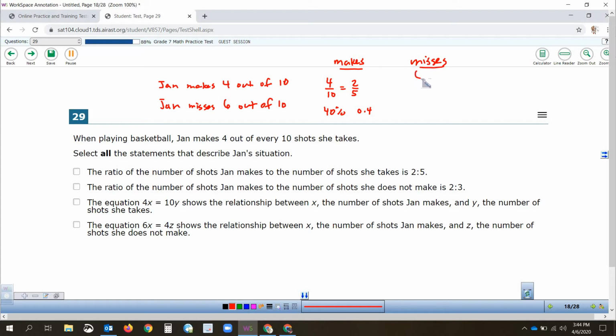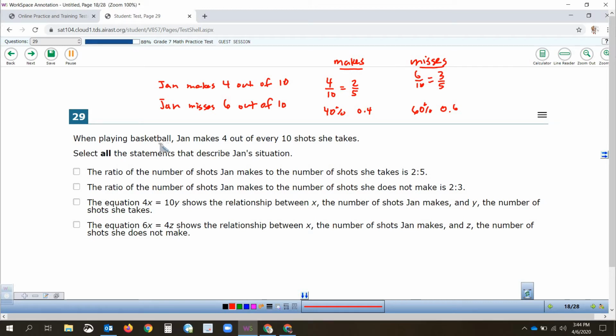She misses 6 out of 10, which means she misses what? 3 out of 5. She makes 40%. She misses 60%. She makes 0.4. She misses 0.6. All right. So again, I did that without even reading through the questions, just because it gives me a basis of going forwards.